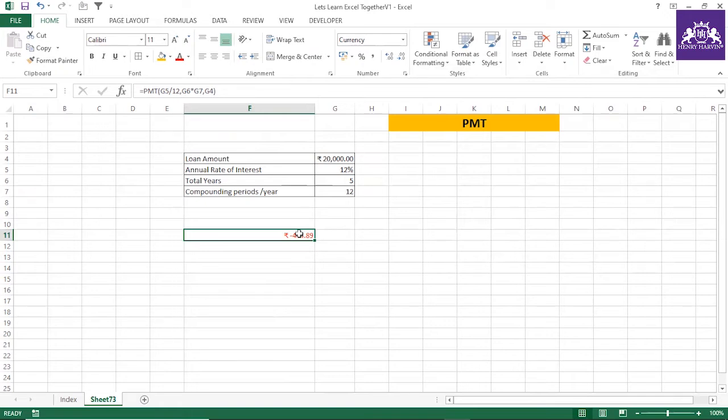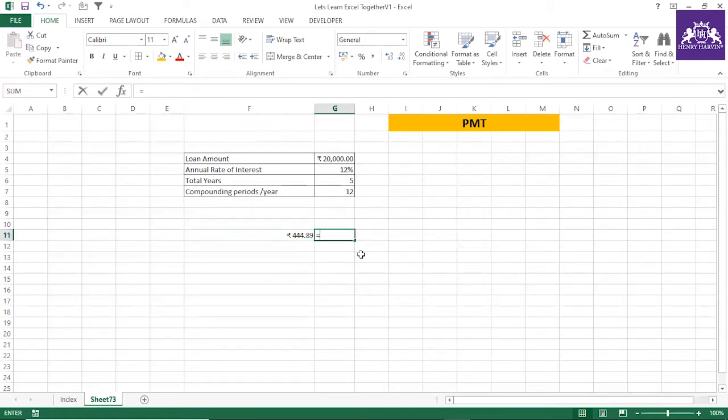As I mentioned, when we pay money, it goes negative. If you want it positive, you can just use minus and it comes into positive. This is the monthly EMI I have to pay for the next 60 months, or the next 5 years.